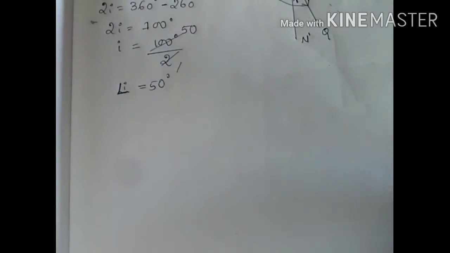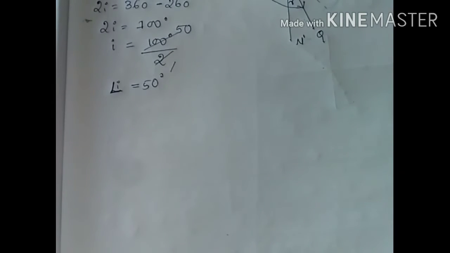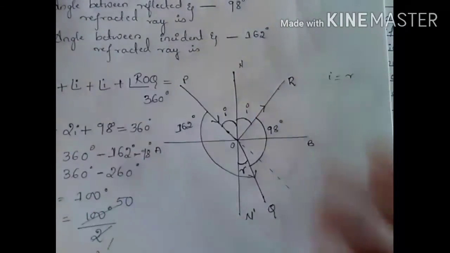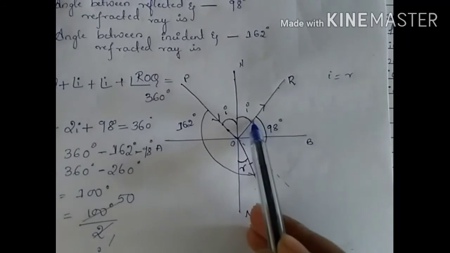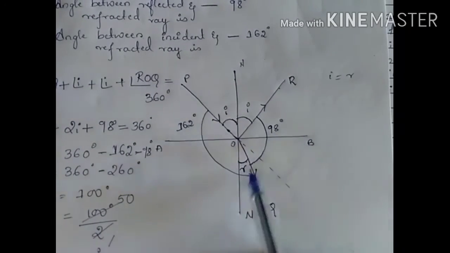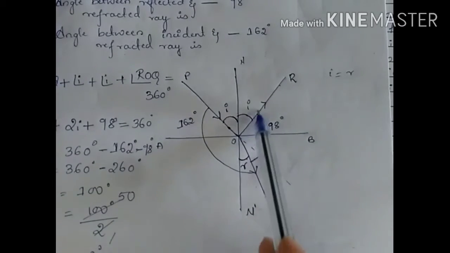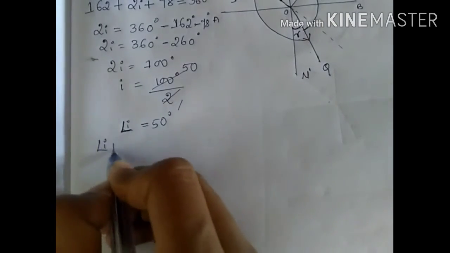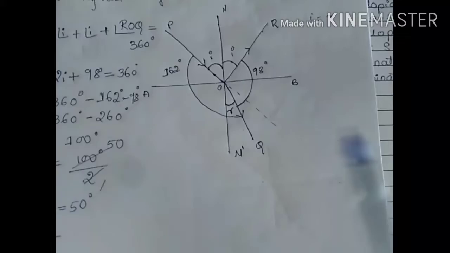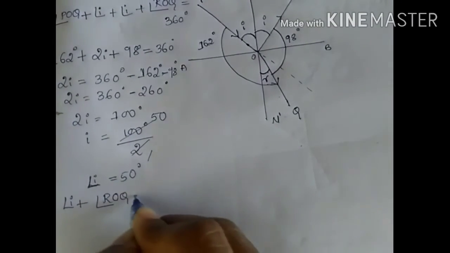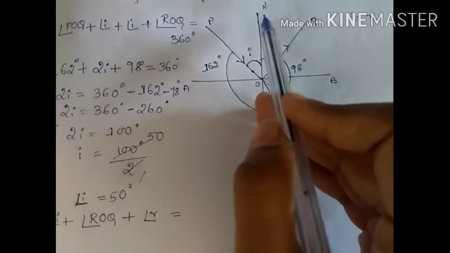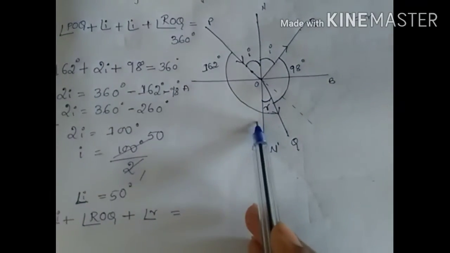Now we have to find the angle of refraction, R. From this part of the diagram, angle I plus angle ROQ plus angle R will be equal to 180 degrees, because we are considering only this angle.